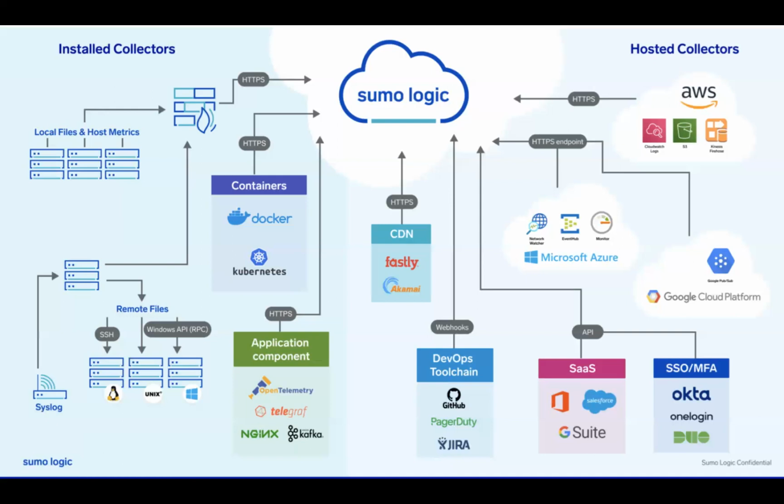We provide you the template. It can connect to your S3 bucket and get the data from there using read-only permission to that particular bucket. Similarly, we have multiple ways of collecting the data. So all in all, the important point to understand is that we can collect data from various systems in multiple methods, and we don't restrict you from getting data into Sumo Logic from a different platform.